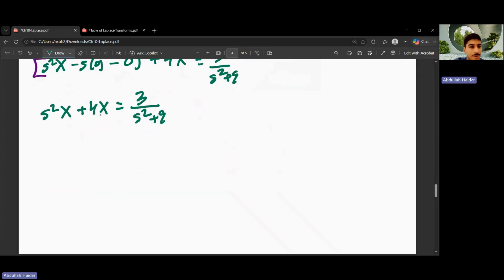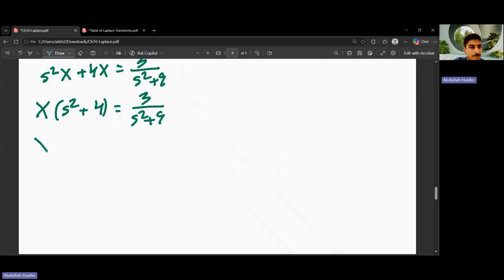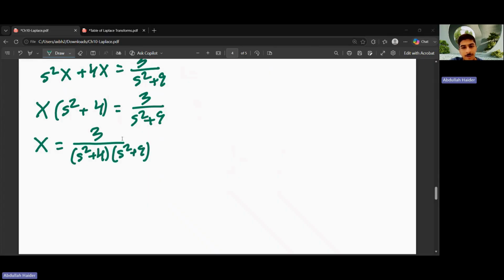Now, as I said before, you factor out the big X, so big X times s squared plus 4 equals 3 over s squared plus 9. And hence, your big X is going to be 3 over s squared plus 4 times s squared plus 9. And you will notice that something is odd about this question.